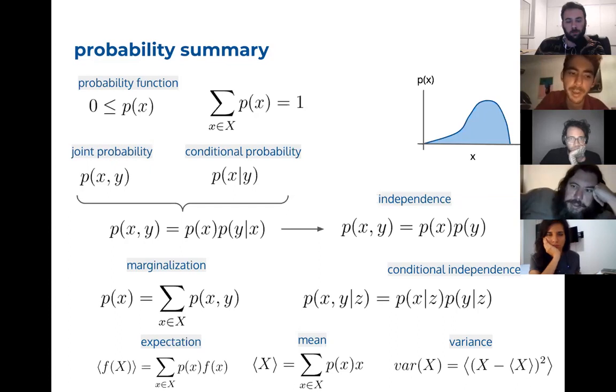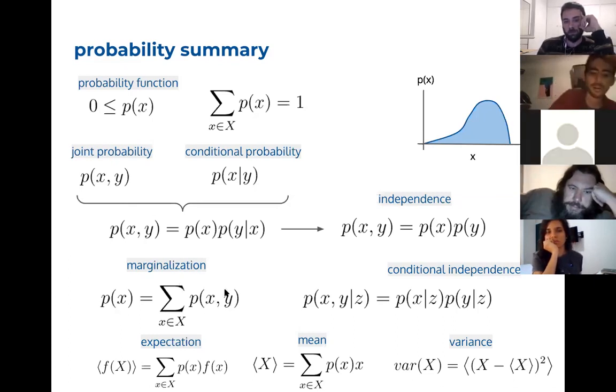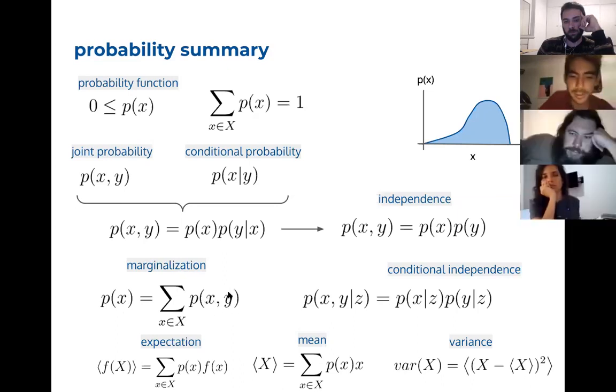You get information about the distribution of X, the distribution of Y, and the dependencies between X and Y. So from the joint distribution, you can get back information about X by marginalizing. You just sum over Y, right?